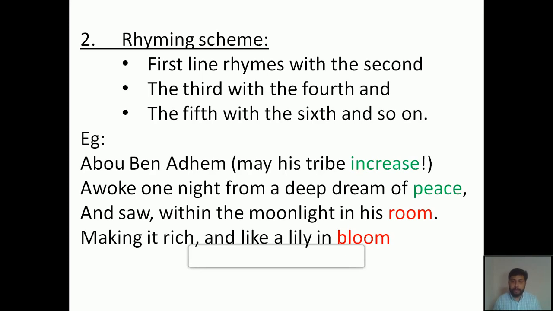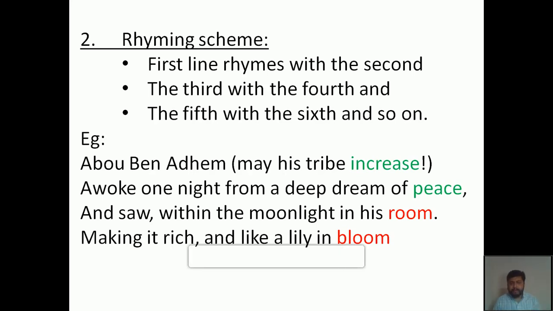So I hope you understood what kind of pattern he has used in this poem and what kind of rhyming scheme he has used. The first line rhymes with the second, the third with the fourth, and it continues till the end of the poem. So that's the rhyming scheme which he has used in this poem.